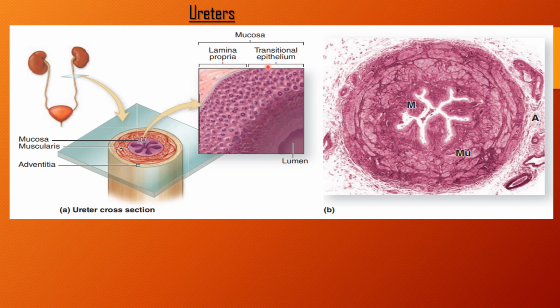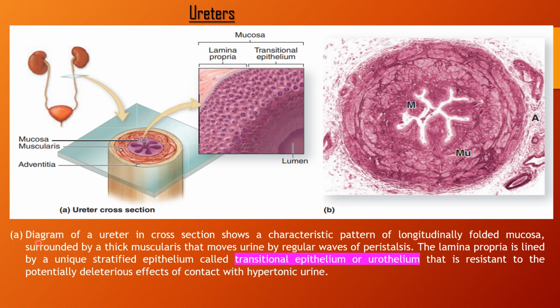So the innermost is the transitional epithelium, then lamina propria, then the muscularis and the adventitia. The diagram of the ureter in cross section shows a characteristic pattern of longitudinally folded mucosa surrounded by thick muscularis that moves urine by regular waves of peristalsis.